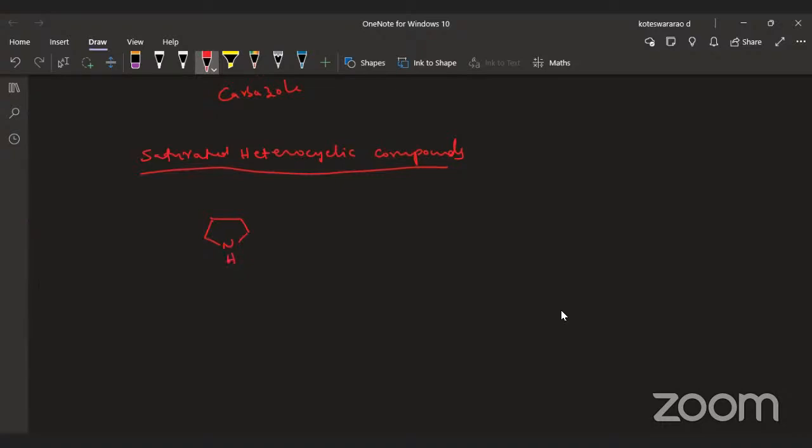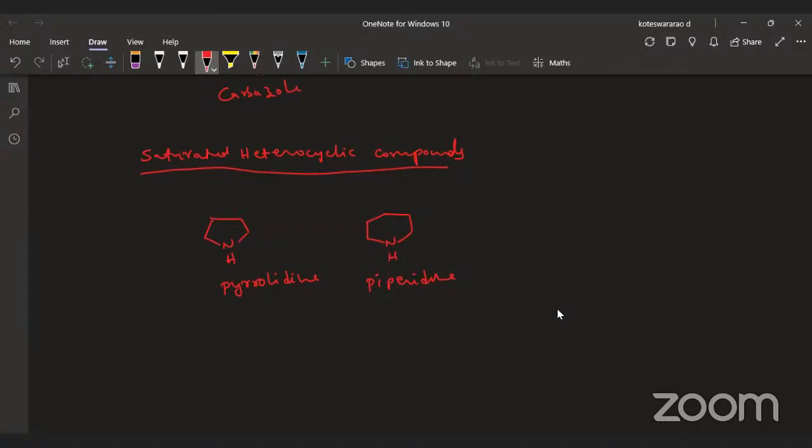In the previous case, pyrrole is the unsaturated; this is the fully saturated pyrrolidine. Next, piperidine, morpholine. Based on the different heteroatom present in it, you can call it by different names. These are all trivial names, recognized by IUPAC and also used in regular heterocyclic chemistry.